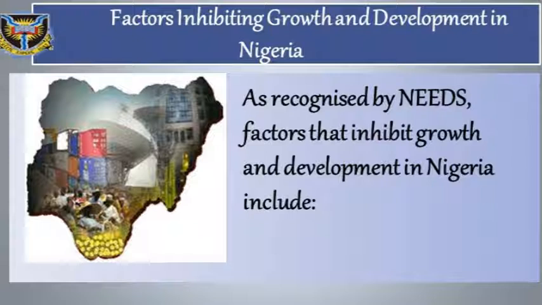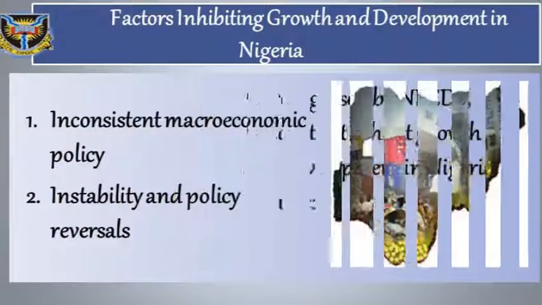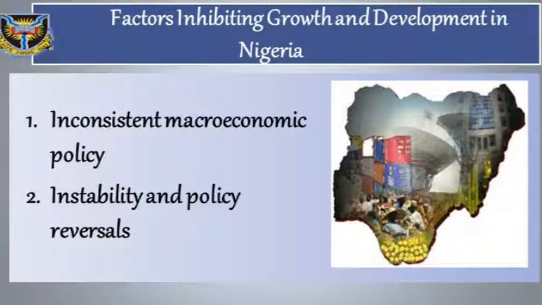Factors inhibiting growth and development in Nigeria. As recognized by NEEDS, factors that inhibit growth and development in Nigeria include: 1. Inconsistent macroeconomic policy. 2. Instability and policy reversals. 3.